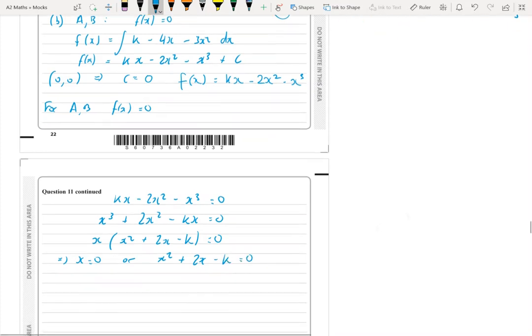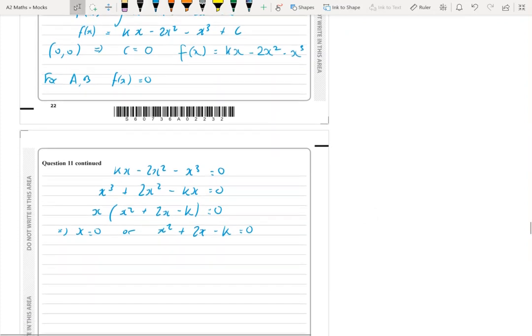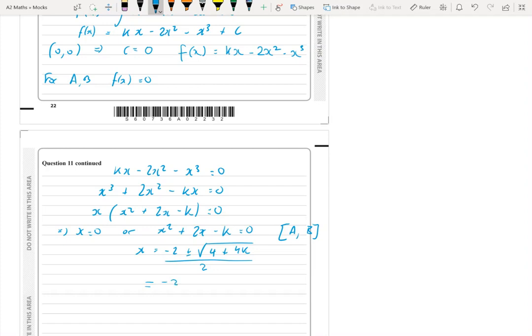So now we're down to a quadratic, and the two roots of this will be the x values of a and b. Now we can't factorize it because of that letter k, so we have to use the quadratic formula. x equals minus b plus or minus the square root of b squared minus 4ac, which will be positive 4k, all divided by 2a. Let's simplify that slightly because there's a factor of 4 in the square root, which will come out.